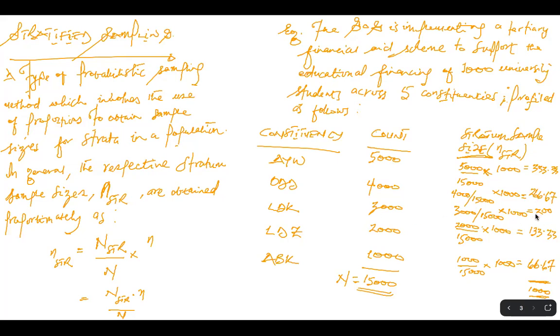As for 200, it's constant. Then 133.33, if we're rounding off to the nearest whole number, will be 133. And then for Ablekuma, it would be 67. All right, good. And even with the whole numbers, when you add them, you should still get a number very close to 1,000, if not exactly 1,000.